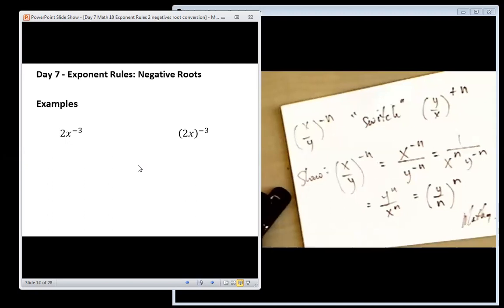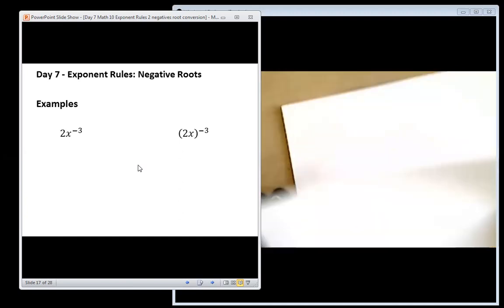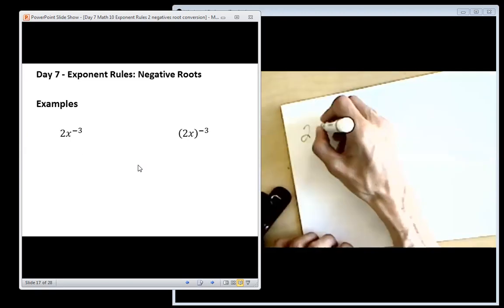Okay. Take a look at these now, with the brackets to think of as well as this new negative stuff. What's the first expression going to be? I think that sounds pretty good to me. That -3, it's on the x only, right? Okay, so watch. It's on the x only.